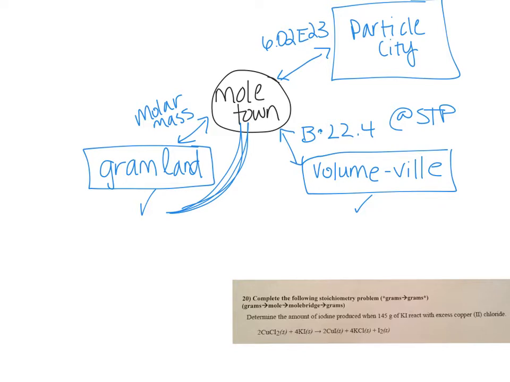But something that's important is that if we start in Gramland, we use our molar mass to travel to mole town. The minute you're in mole town, you always have to go see the mole bridge, all right? So no matter what, if you are traveling to mole town and you are changing characters somewhere in your problem that's given to you, you have to cross that mole bridge.